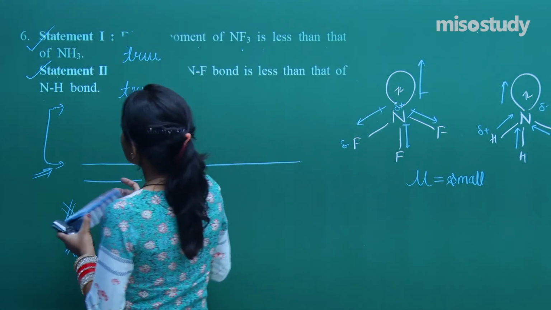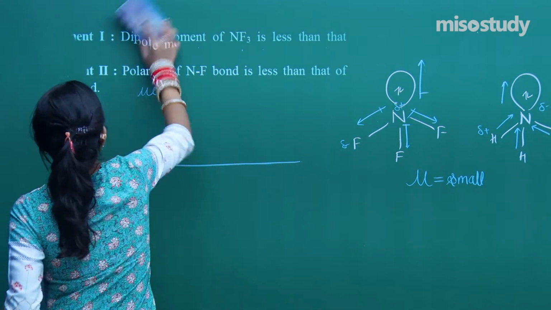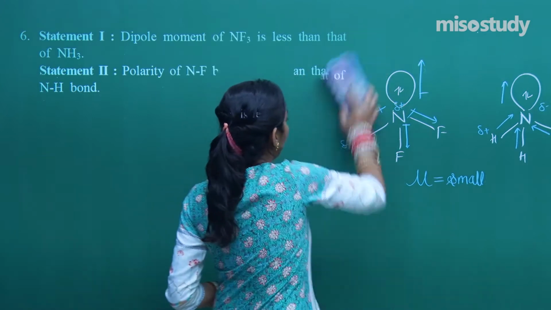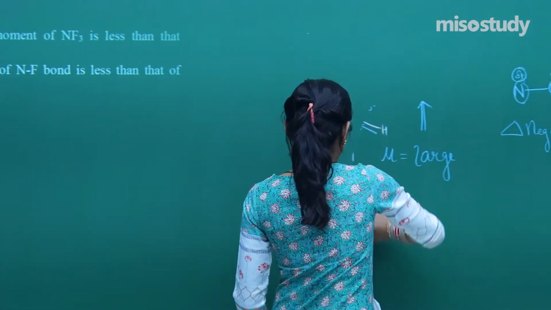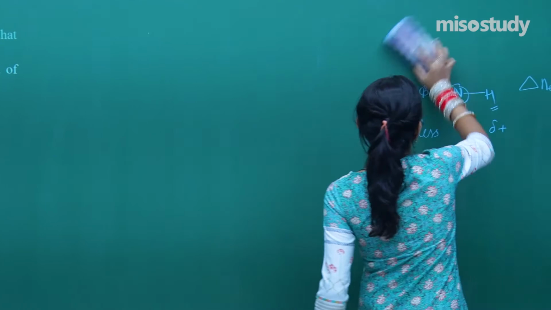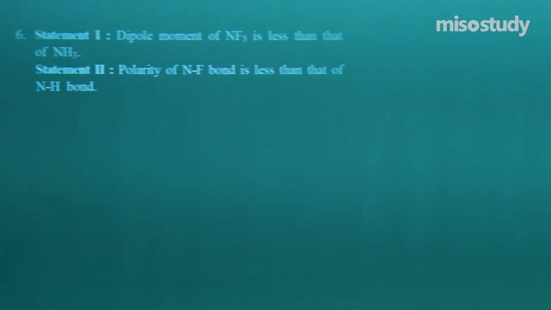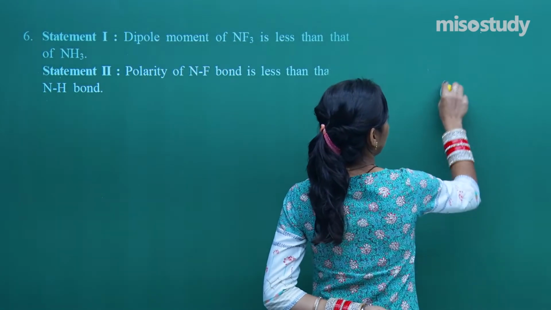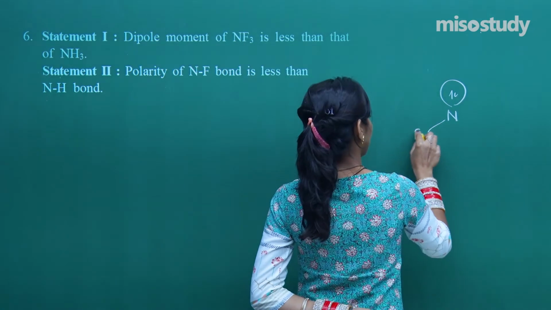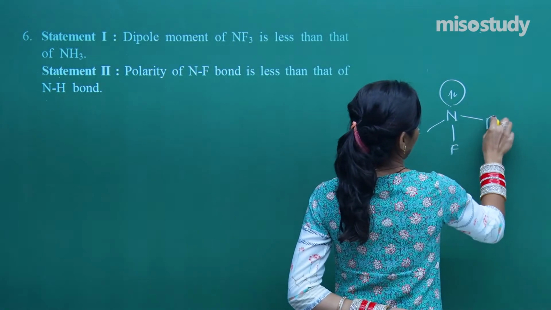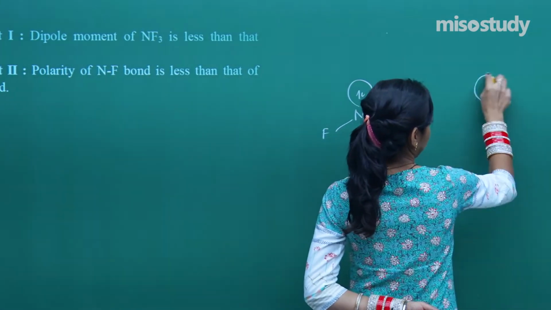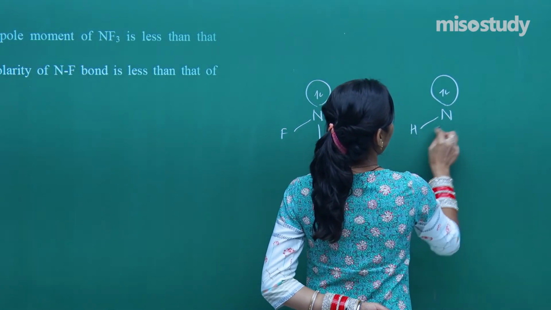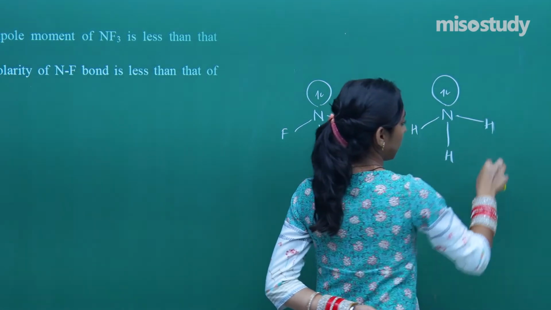Before I go on to the next question, let me clear the board. One is NF3 and the other is NH3. First of all, we need to compare the dipole moments, okay.